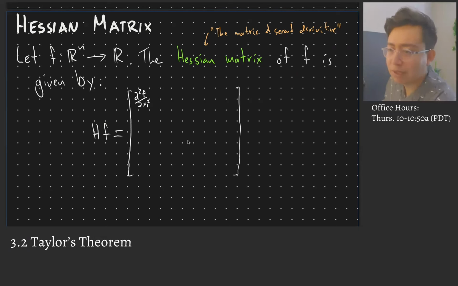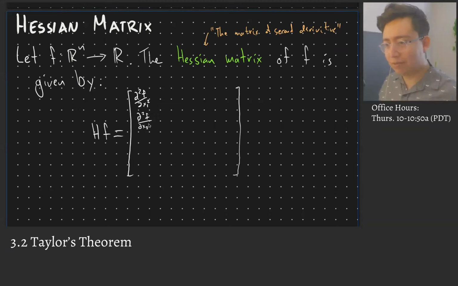Now the hard thing is remembering which one is which, but basically down here, this is going to be d squared f dx2 dx1. And up here, we're going to put d squared f dx1 dx2. So the opposite order.